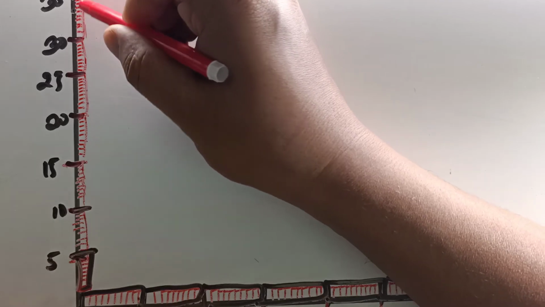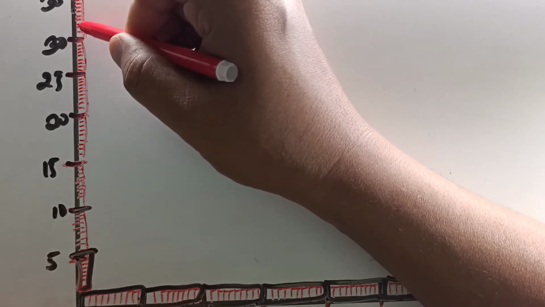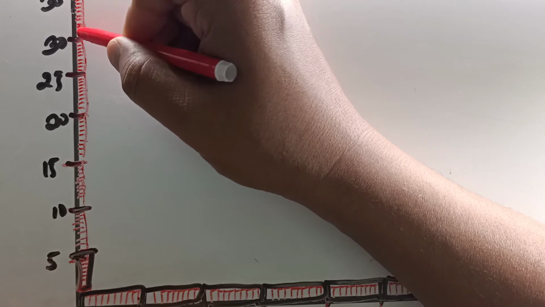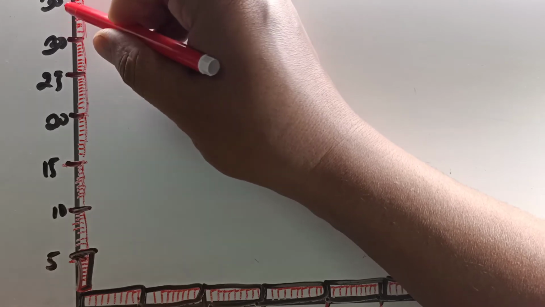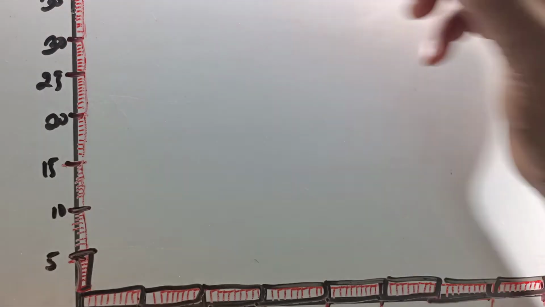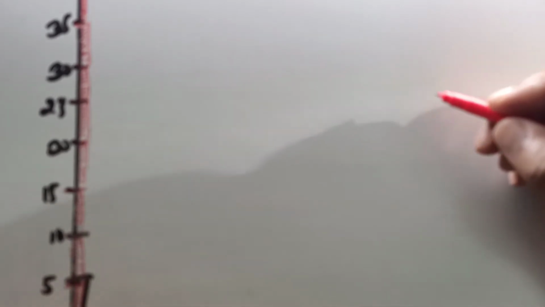There are 10 boxes, and the difference between 35 and 30 is 5. So please understand, there are 10 boxes, and the difference across the 10 boxes is 5. If you are not understanding, look, this is 35, this is 30, so the difference is 5, and between this 5 there are 10 small boxes.